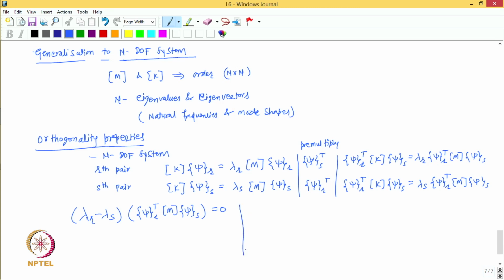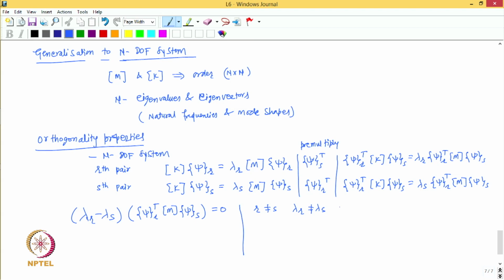Now if r is not equal to s, it means we have two different modes, r and s, and if the eigenvalues are distinct, then lambda r will not be equal to lambda s.